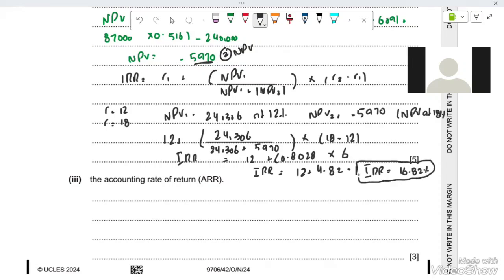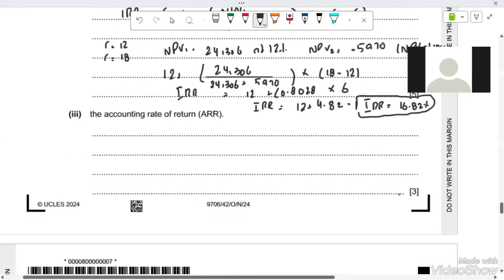So this is the answer for the IRR. IRR is greater than the cost of capital, 12%, so the project is acceptable because the return is higher than the required rate. So the investment is financially viable.